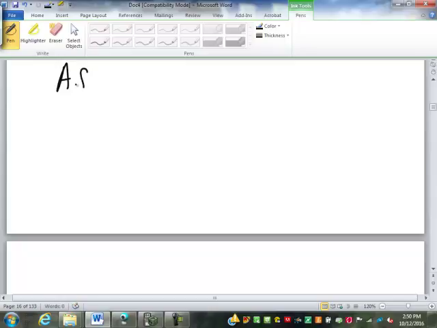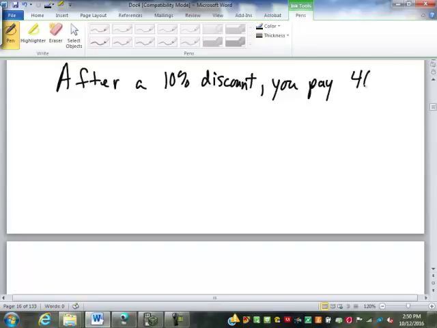So let's say that after a 10% discount, you pay $468 for materials.